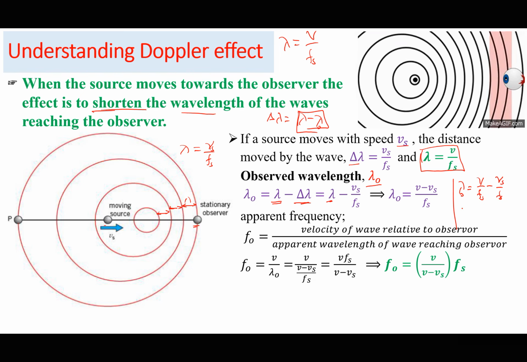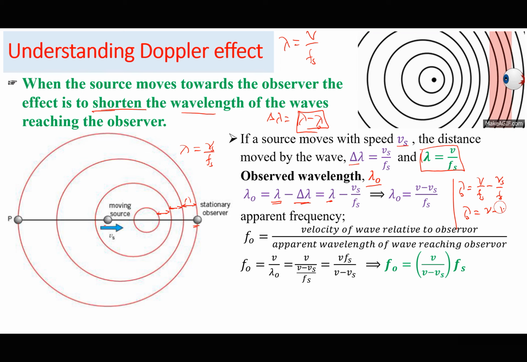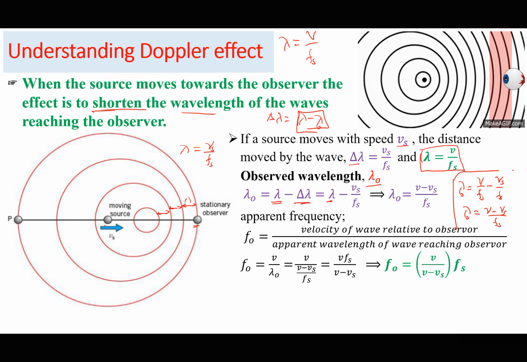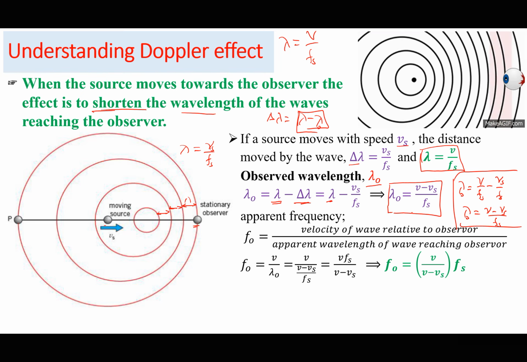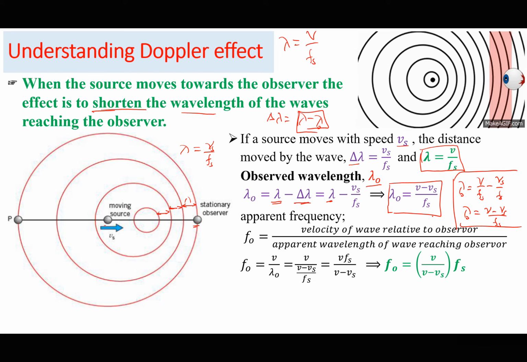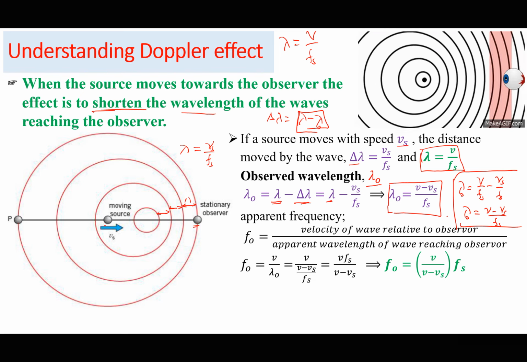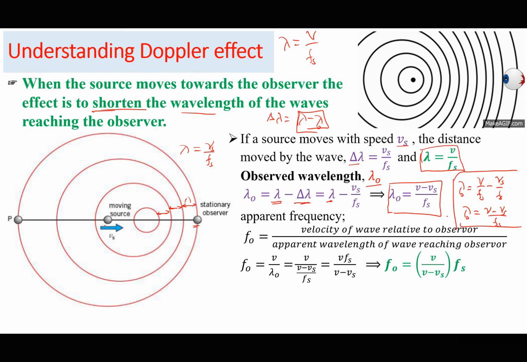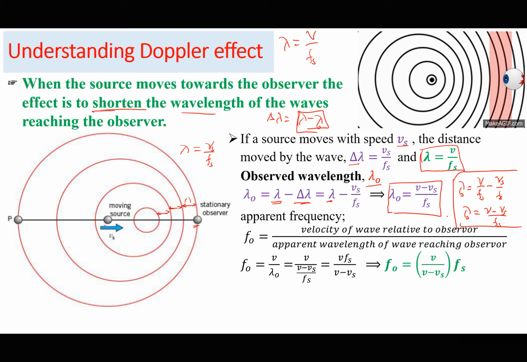So when I make lambda naught the subject and simplify this, it becomes V minus Vs over Fs, because Fs will be the common denominator. So that's how I come up with this as the observed wavelength, which is going to be considered as the apparent wavelength. So the apparent wavelength is equal to the speed of the waves in air minus the speed of the source, divided by the frequency of the source.